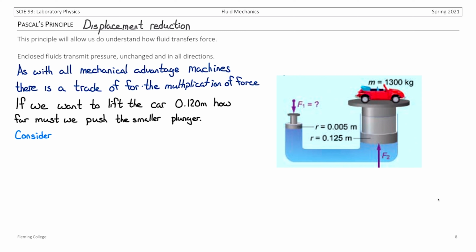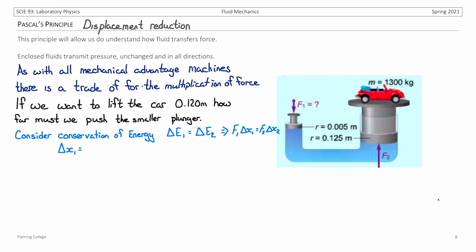Even though we get a mechanical advantage, we can't break the conservation of energy. So this means that the change in energy at position 1 has to be equal and opposite to the change in energy at position 2, which means the work that we put into position 1 is the same amount of work that we get back at position 2. So this is force multiplied by change in position.